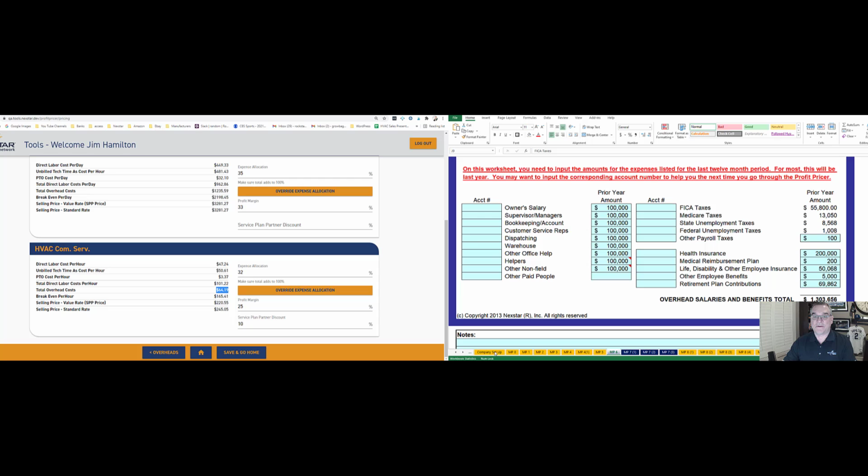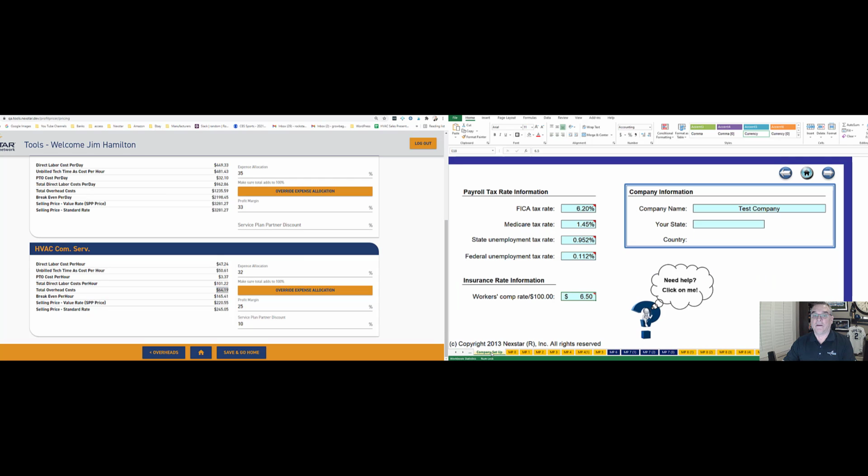But that's surely not the same workman's comp rate for office staff as it would be for out in the field. Because this is the field staff workers' comp rate. It's a hell of a lot higher. Office staff is like $1.75, if that.